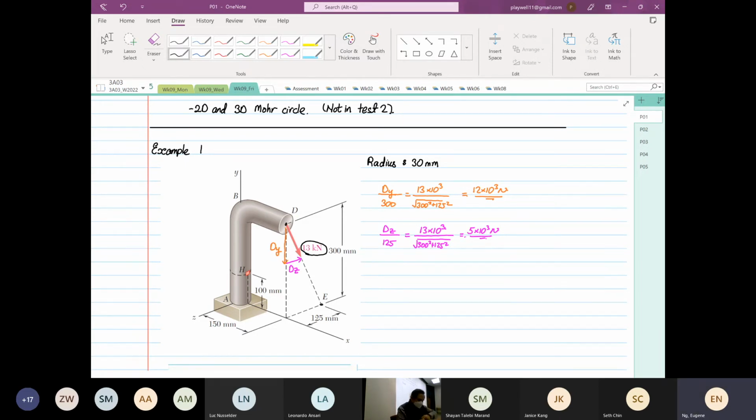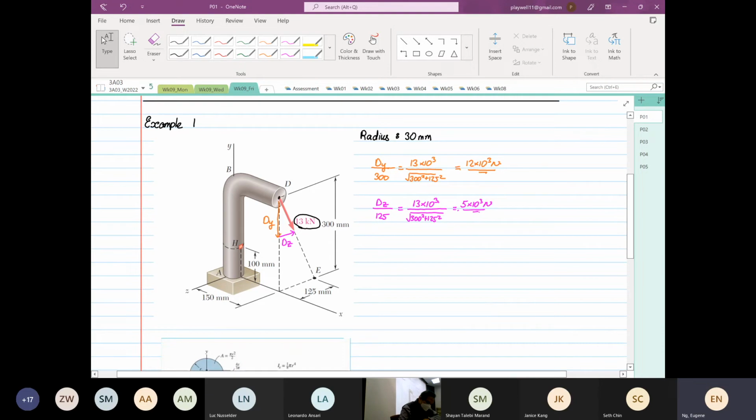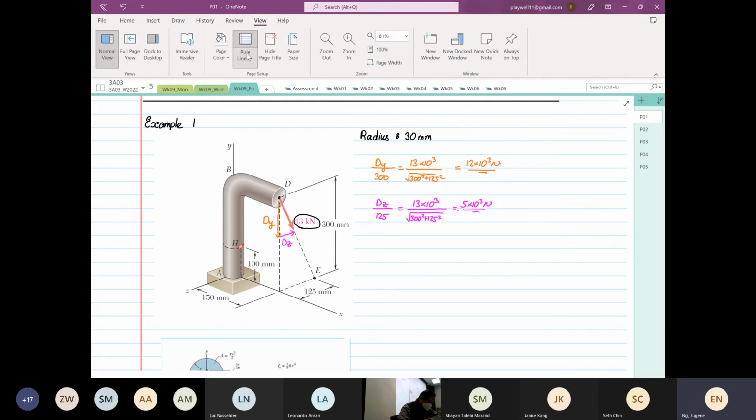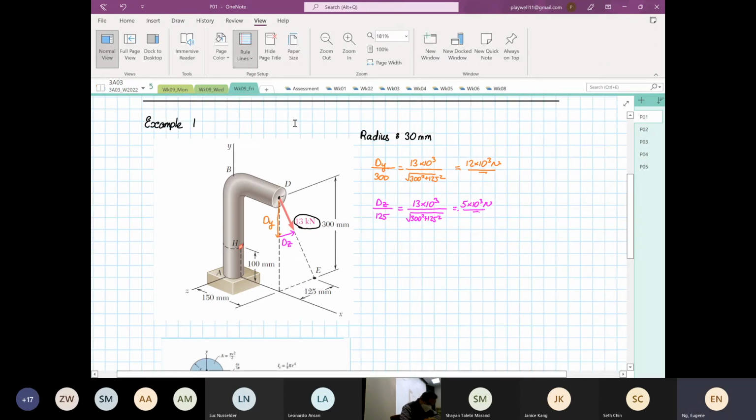As usual, the protocol that we're going to use is we are going to draw this structure at different views, like how I always teach you guys to solve this. We're going to look at it on the XY plane.